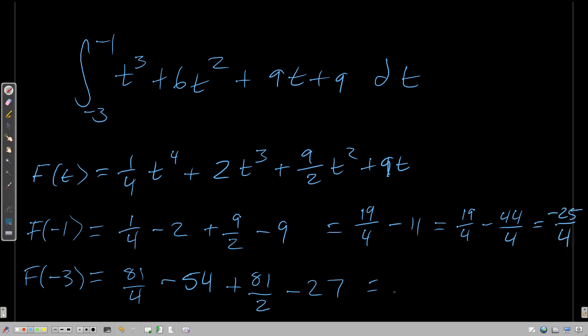And then down here we get 81 over 4 plus 162 over 4 is 243 over 4.